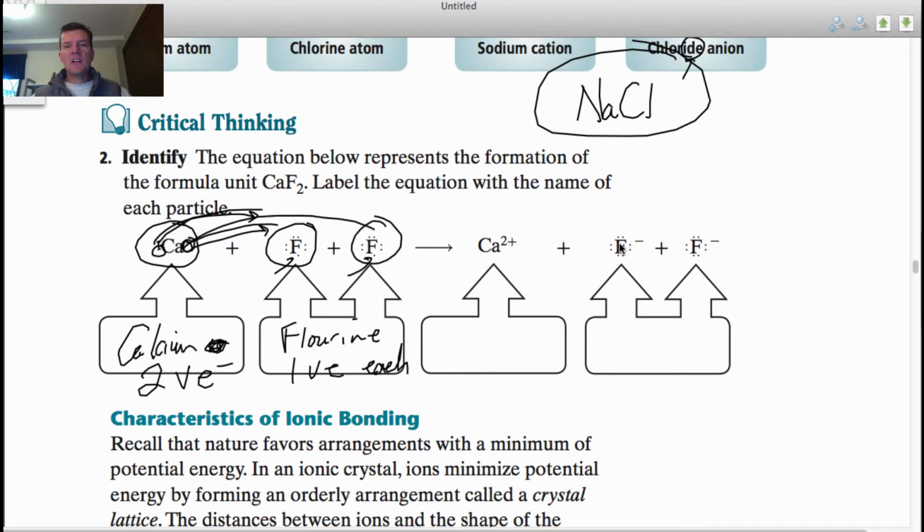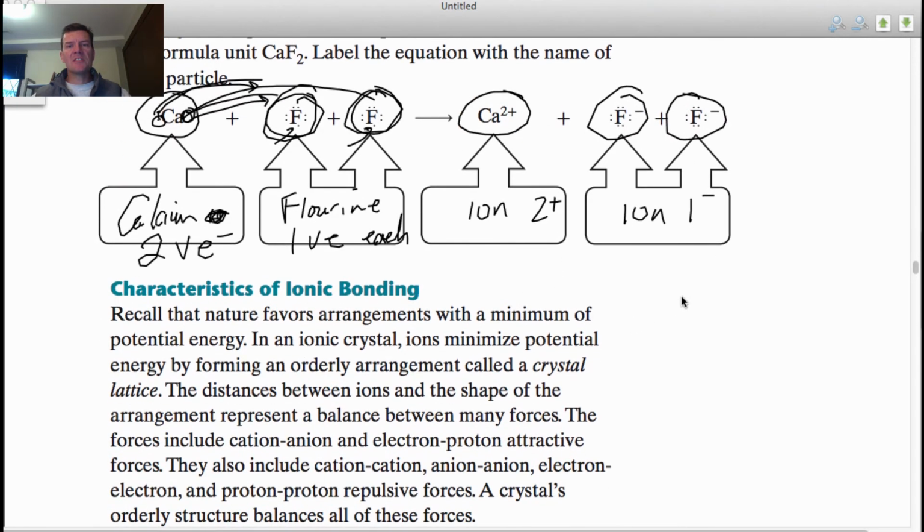So they each are happy now, but it had to have 2 fluorine atoms because calcium has 2 valence electrons that it wants to give up. So this is your calcium ion, and it has a charge of 2+. These are fluoride ions, and each has a charge of -1. So you're going to need 2 fluoride ions to match up with just 1 calcium, and this is CaF2.